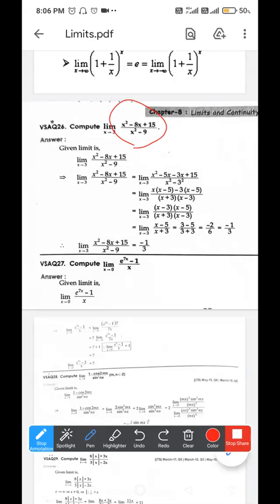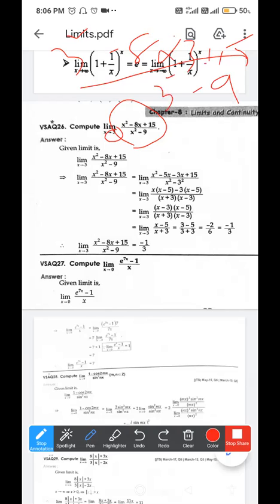Now, if you substitute 3 in this directly, 3 square minus 8 into 3 plus 15 by 3 square minus 9, the denominator will become 0. So what is 1 by 0? 1 by 0 is infinity. It means this is undefined if we substitute directly.